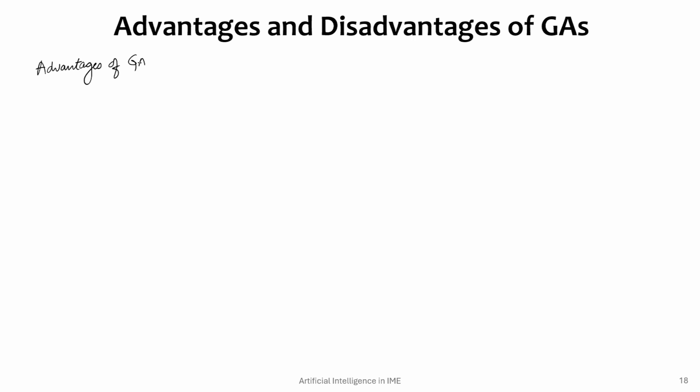So the major advantages of genetic algorithm are: it has global optimization capability.